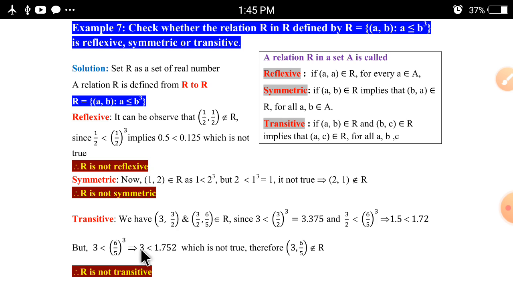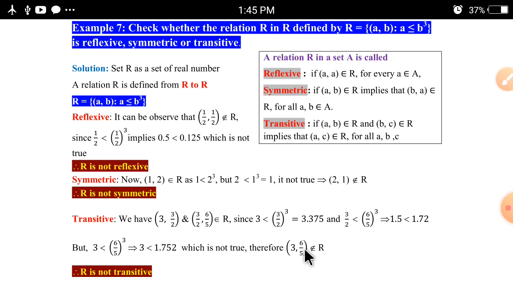That implies 3 is less than 1.728. Is it true? It is not true, because 3 is always greater than 1.728. Therefore the ordered pair (3, 6/5) does not belong to R.